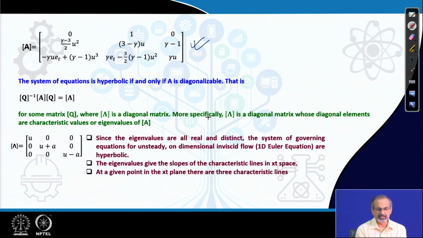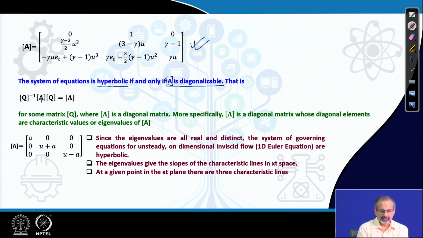Now, by definition, the system of equations that we are handling, that is the Euler equation in one dimension, will be a hyperbolic system only if this matrix A is diagonalizable. What do we mean by that?